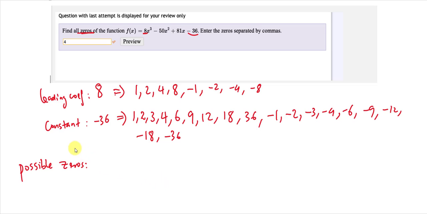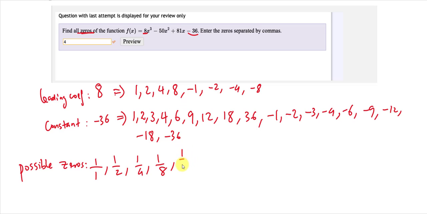How do I find that? Now I take number 1, I divide by all of them. So 1 divide by 1. I take the factor of the constant, I divide by 1. Right? I take 1 divide by 2. 1 divide by 4. 1 divide by 8. 1 divide by -1.